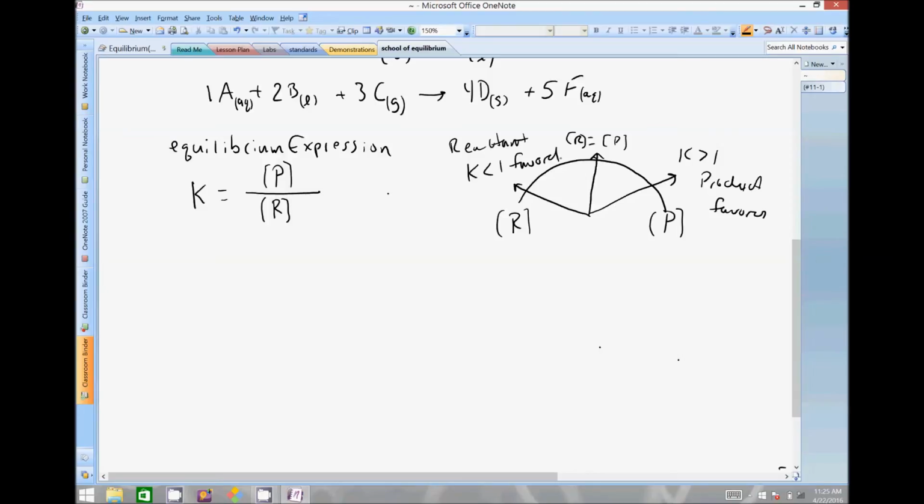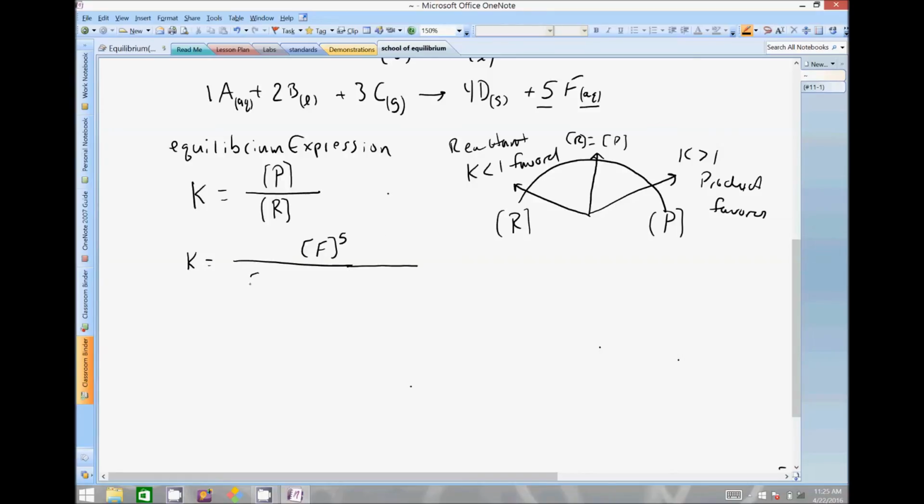Well, again, I cannot track solids and liquids, so my K expression equals the concentration of F. Now F is an aqueous compound, so at this point I'll put a 5 up top because that's the coefficient. Cannot include D. So that's it for this guy.